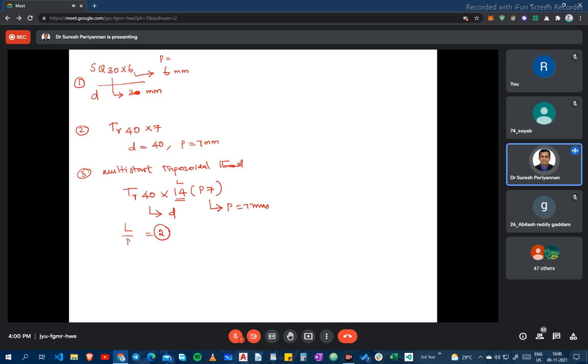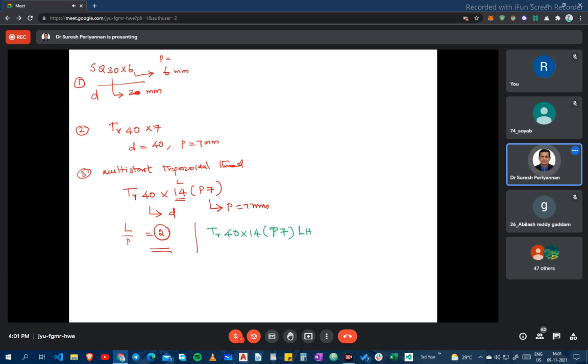Most of the threads we are using are right hand threads. Suppose it is a left hand thread, how can I designate it? The left hand thread we designate like this: TR 40 into 14 P7 LH. Whenever we get a designation like this, it is for multi-start threads. LH represents left hand thread.